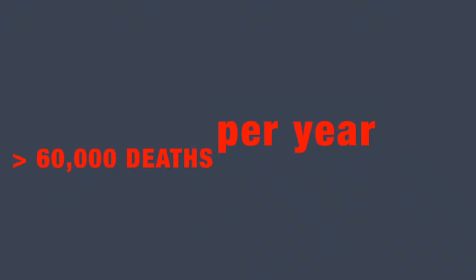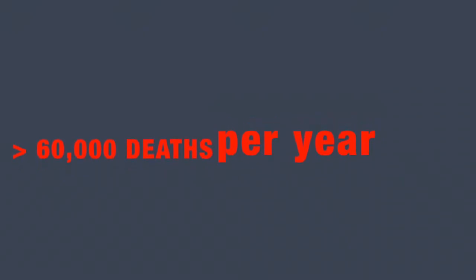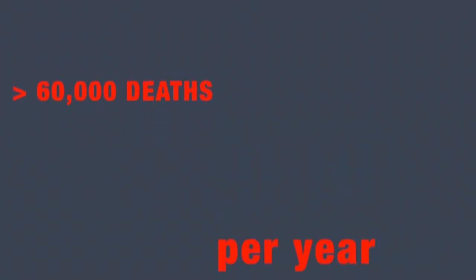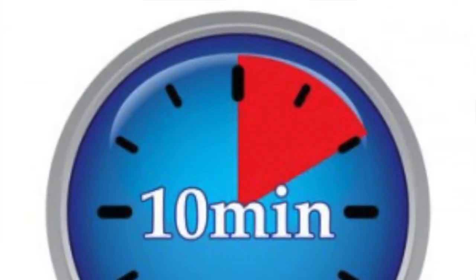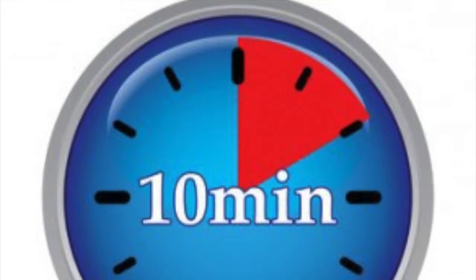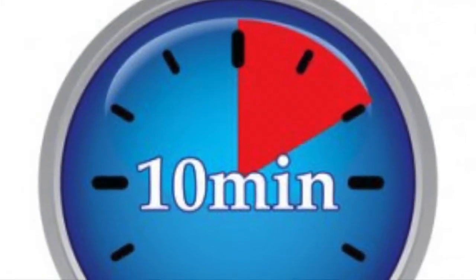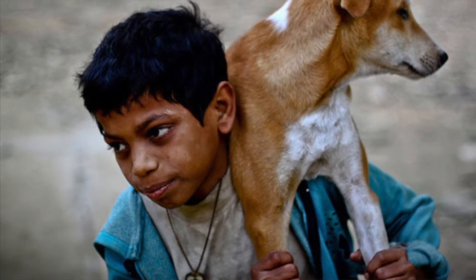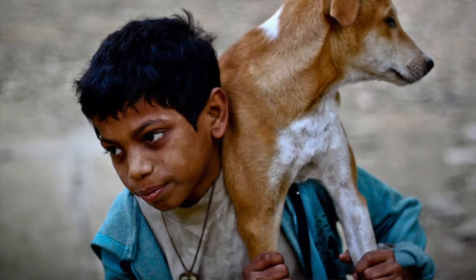Do you know that more than 60,000 people in the world die from rabies each year? That is equal to one person every 10 minutes. Half of the people that die from rabies are under the age of 15.